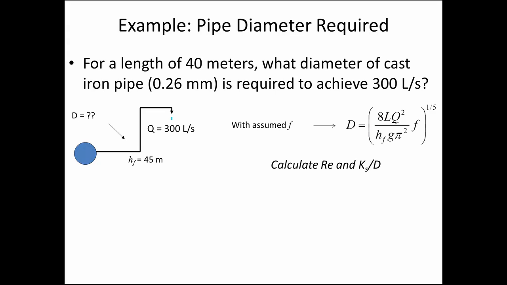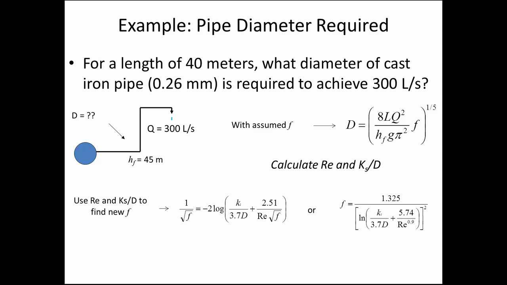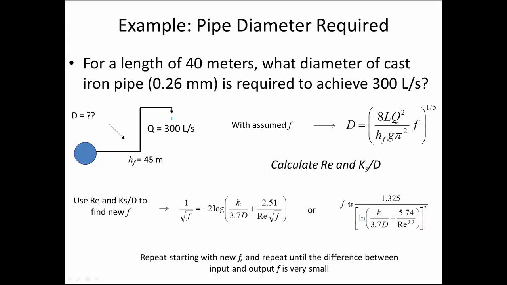Our process is going to be to assume some f value, calculate the diameter associated with that, and then, once we know the diameter, calculate a Reynolds number and relative roughness, and then check what the f value is. Is it equal to what we had assumed, or do we have to find a new updated D with this checked value of f? We're going to repeat it until finally the changes of f and diameter are very small.